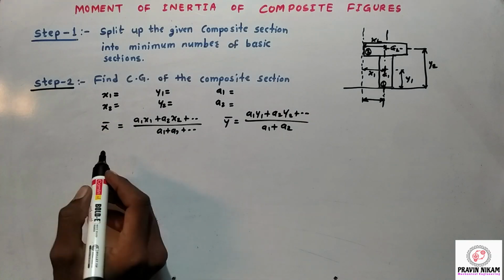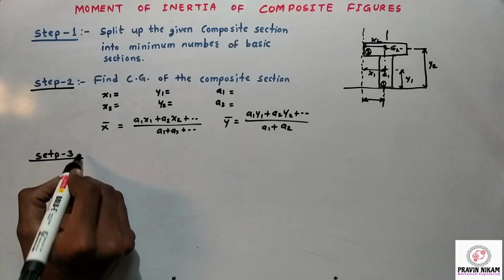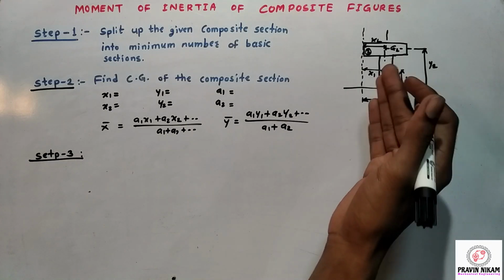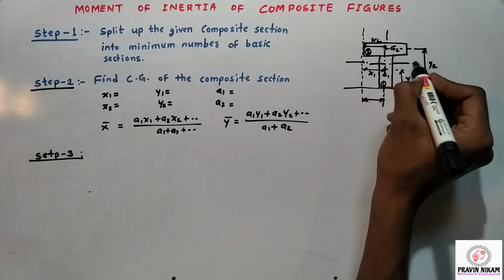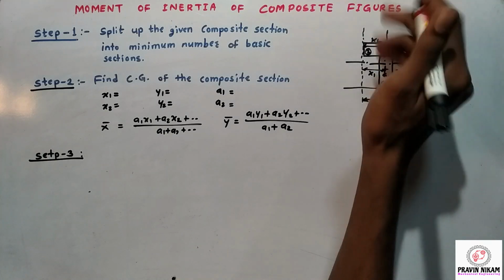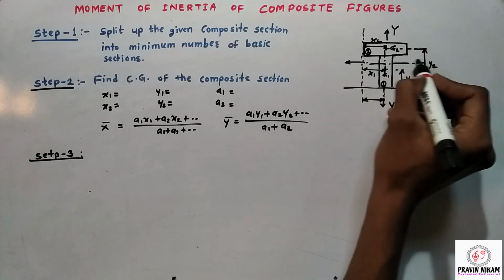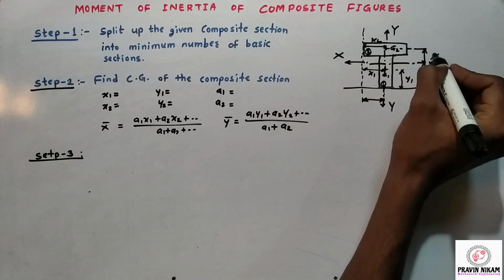Now what is step 3? In step 3, our aim is to find the moment of inertia of this composite section about the centroidal axis. This is the vertical centroidal axis, that is the y axis, and this is the horizontal centroidal axis, that is the x axis.